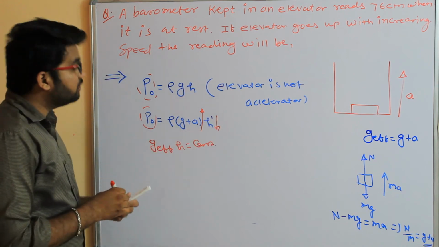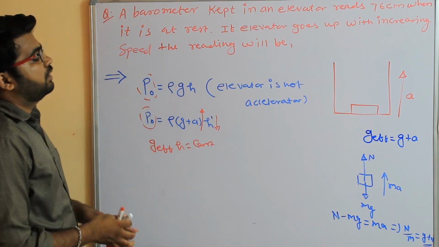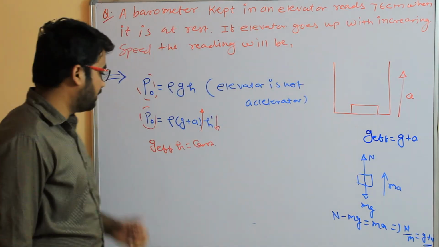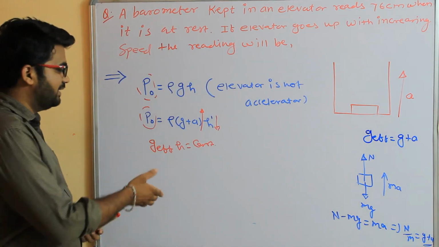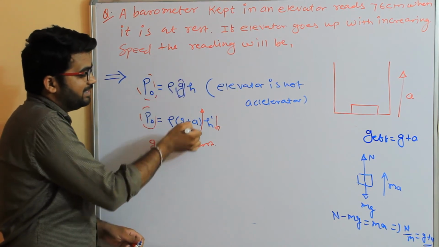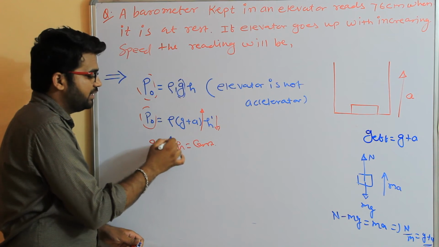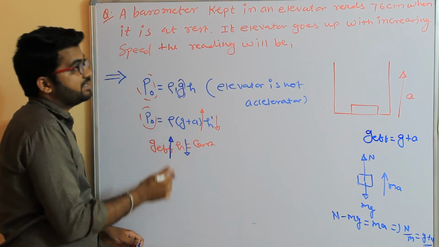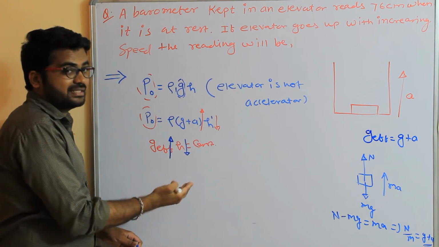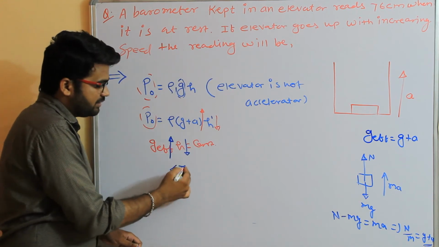So whatever the reading shown by the barometer is lesser than 76 centimeter. Why? Because g effective increases, h must decrease, and initially it is 76 centimeter, finally it must be lesser than 76 centimeter.